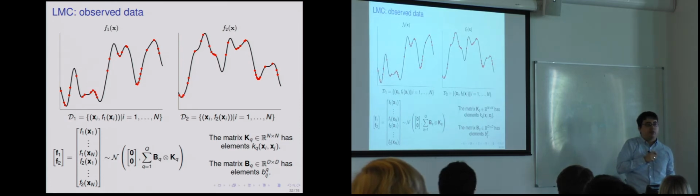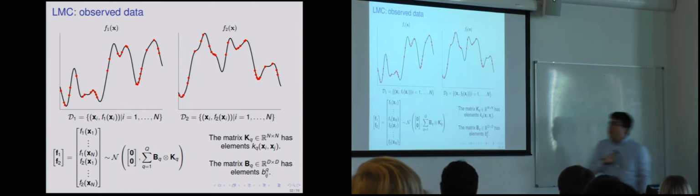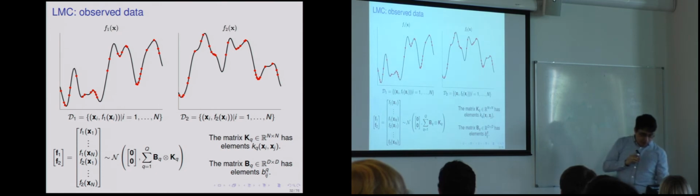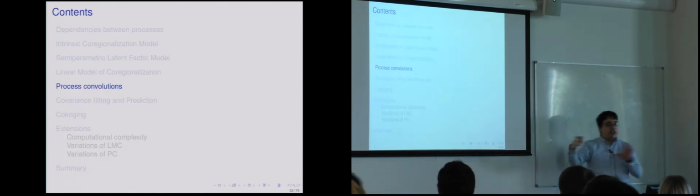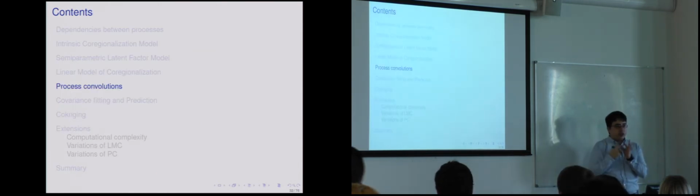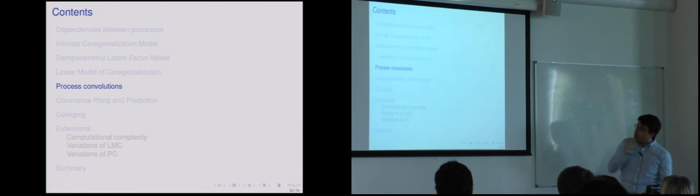Okay. So this is the first big family of ways to build cross-covariance functions. Now we're going to talk about a different family in which we construct these cross-covariance functions, and that family comes with the name of process convolutions.